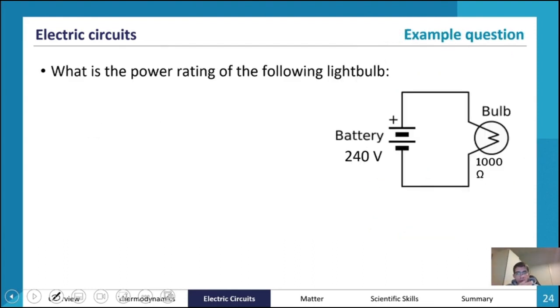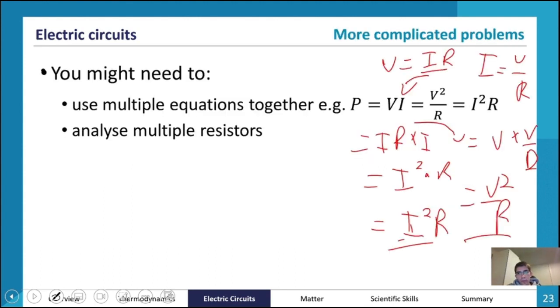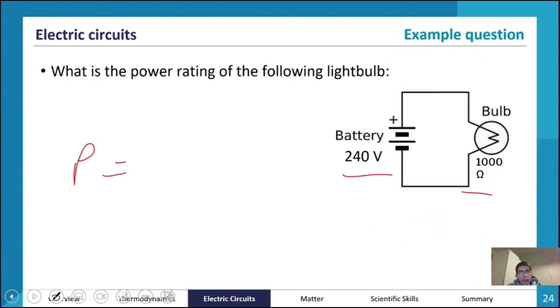For example, this question is asking, what is the power rating of the following light bulb? We have voltage and we have ohms, so from the previous solution, we know that V squared on R is one way to find power, so it would be 240 volts squared divided by 1000 ohms.